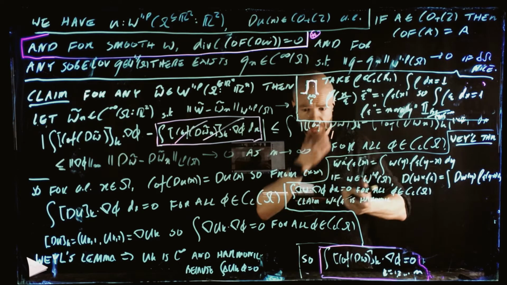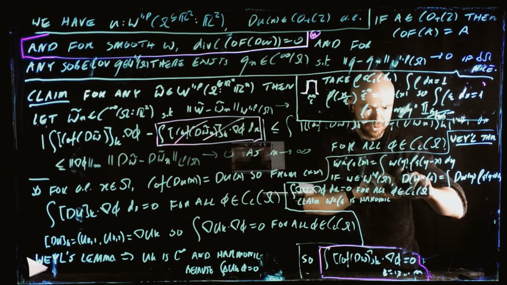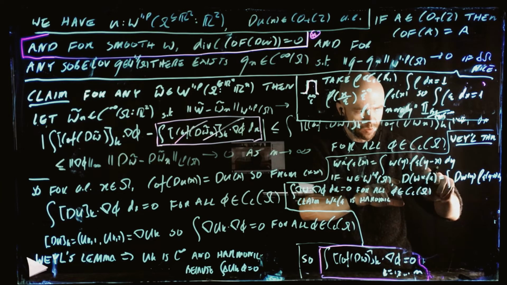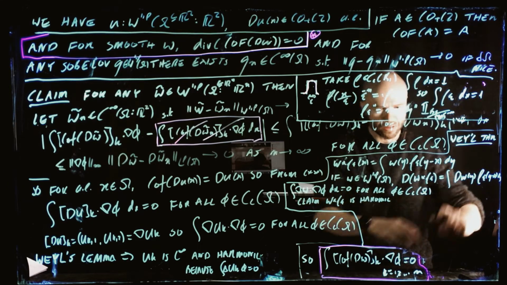And that follows because when we take the divergence of the gradient of this guy, when it's in this form, then that thing will be the same as this thing dot product the gradient of this thing.